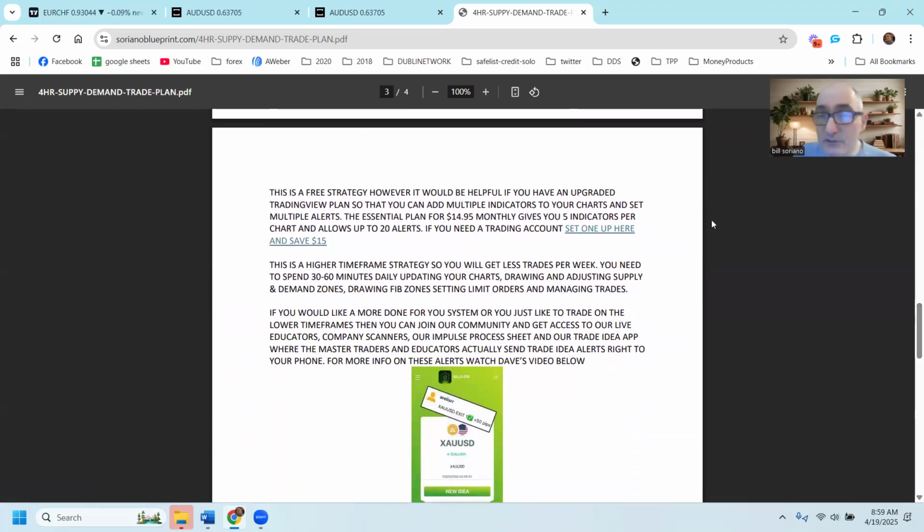Again, this is a free strategy. However, we do use TradingView to mark up our charts. With TradingView, for the free account, you're able to add one indicator, and I think you get maybe a couple alerts that you can set, and that's just not enough to do this plan if you're going to watch all the Forex pairs like I do.